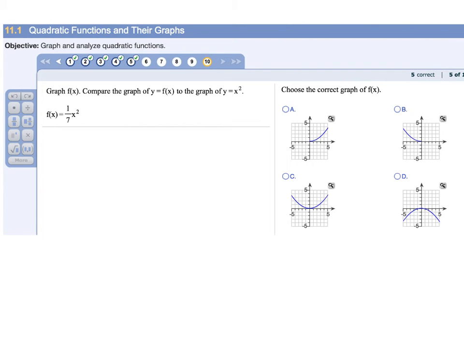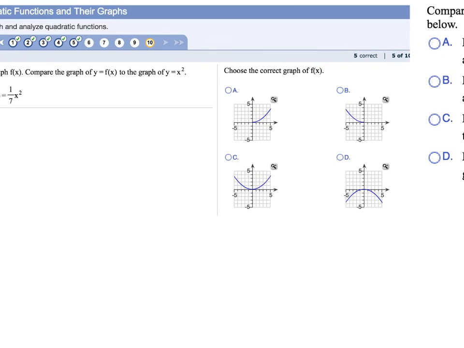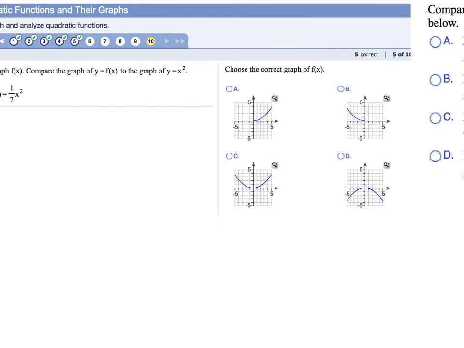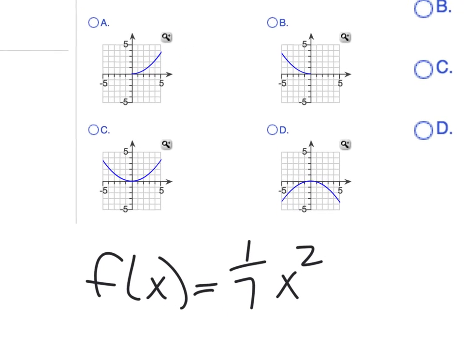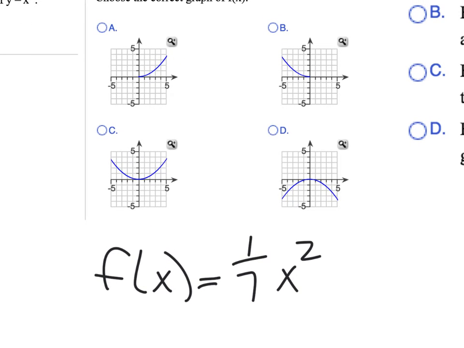All right, so you can use logic. They're asking us which one of these graphs is the 1/7 x squared. By process of elimination, we immediately know it's not going to be A, and it's not going to be B, because we've been dealing with parabolas, and neither of those are parabolas.